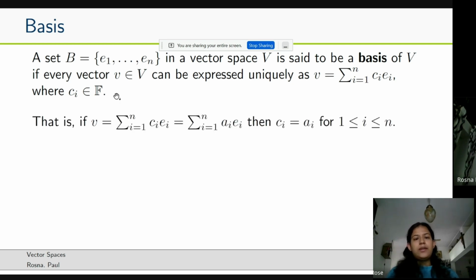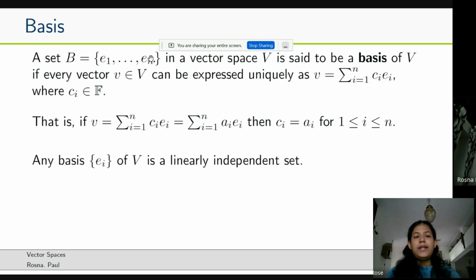In other words, we can also say that if a vector is expressed as a linear combination like sum of c_i e_i and also sum of a_i e_i, then you can always say that c_i is equal to a_i. So we can always express every element uniquely as a linear combination of these elements. And this basis is always a linearly independent set.